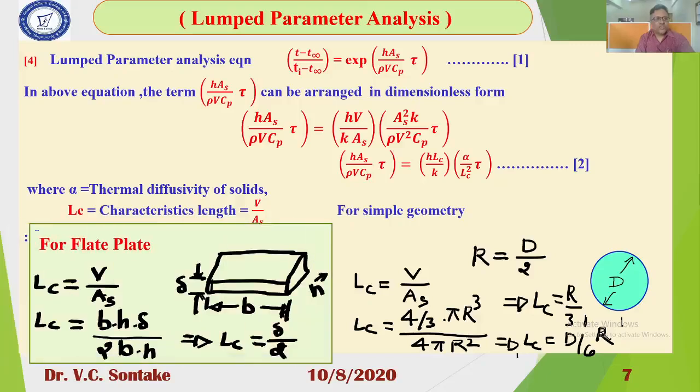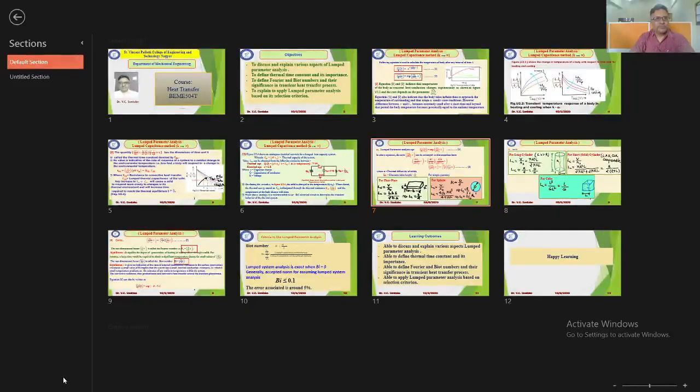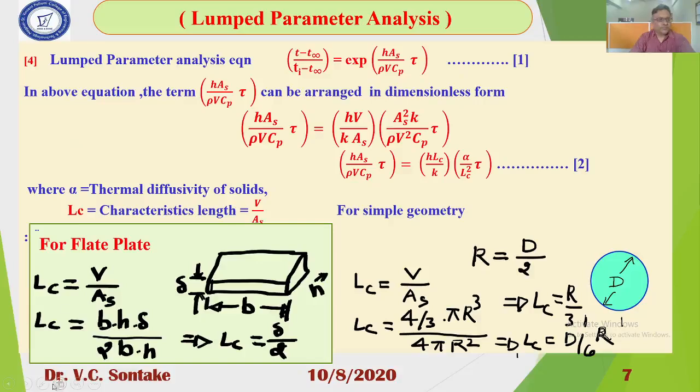So the very first geometry is the flat plate. Let us consider a flat plate of length B, width H and thickness delta. So the characteristic length can be calculated as follows. Lc is nothing but volume by surface area.